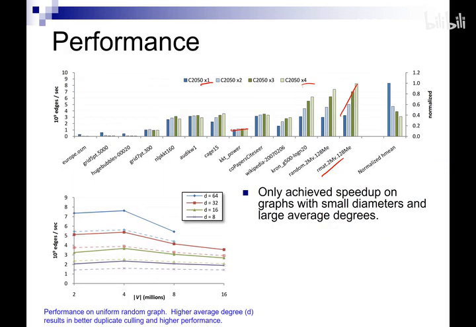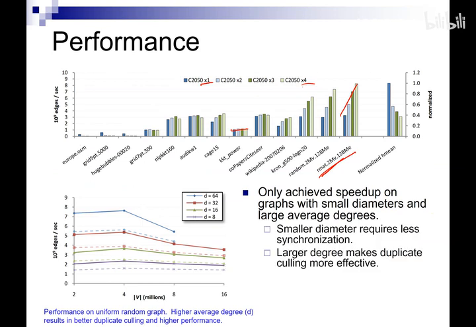So this is very complicated and time intensive. They only managed to achieve speedup on the graphs with small diameters. This graph was one of these random graphs that had a very small diameter and large average degree. If you have a small diameter, you don't have to do this node distribution too many times, and you don't have to start too many kernels.